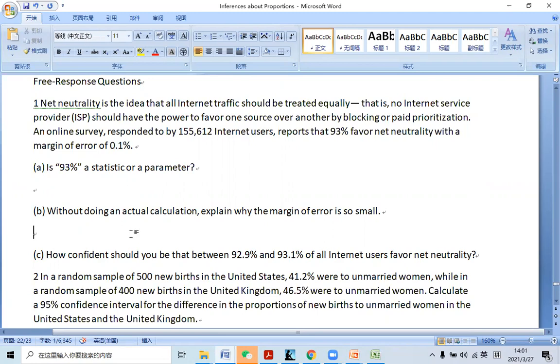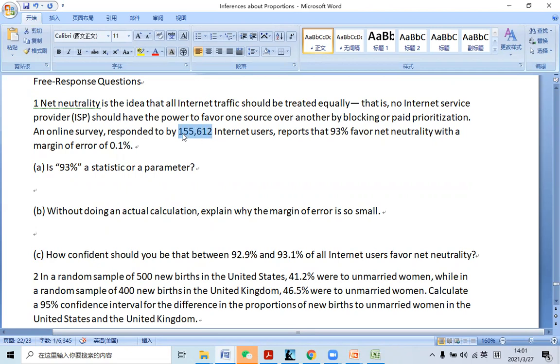You don't have to do the population. Well, what kind of factor influences margin of error? Because you have a large sample size. Your sample size is really large.